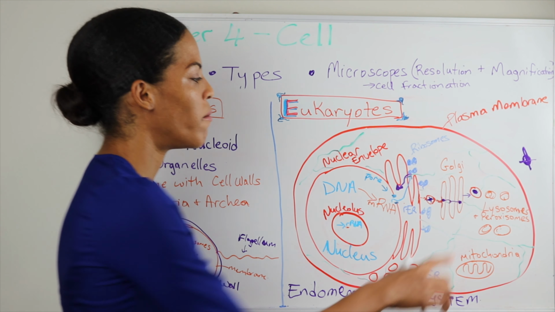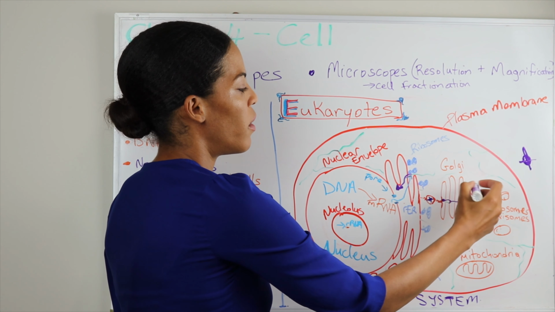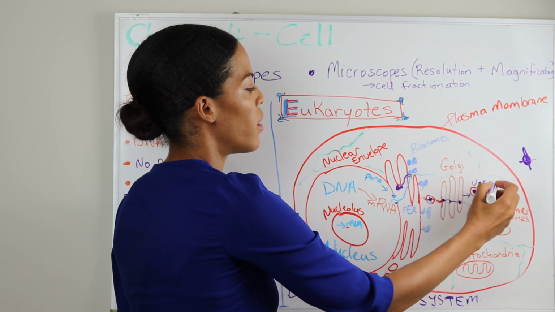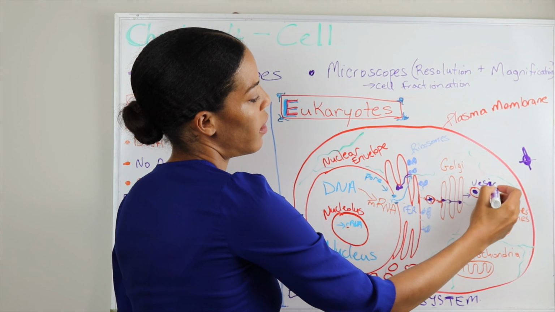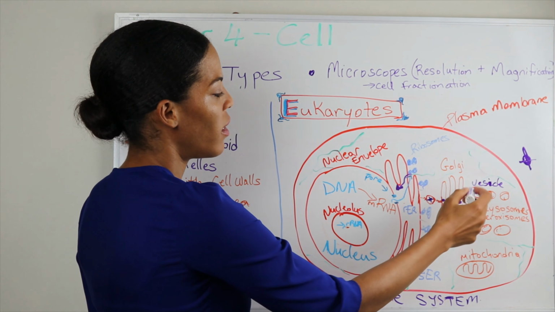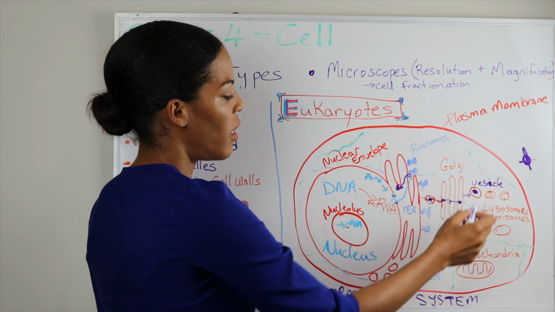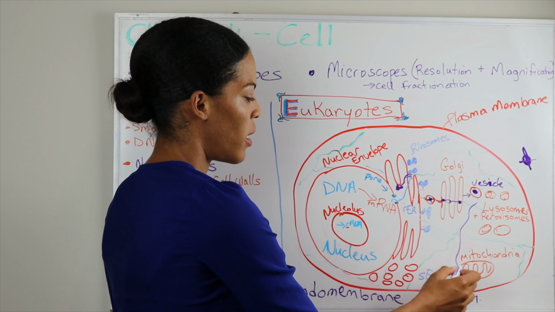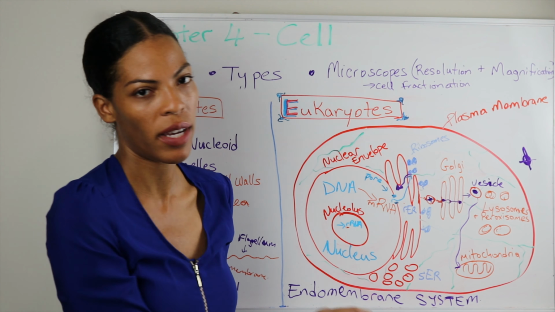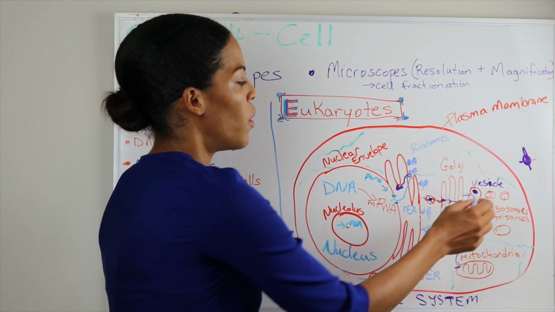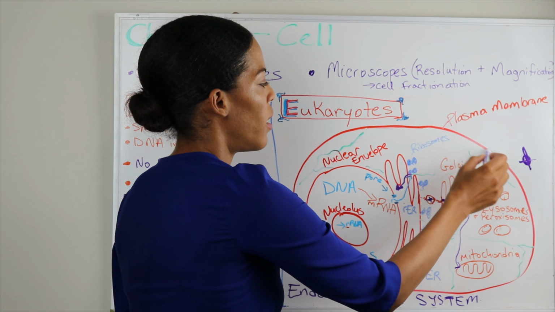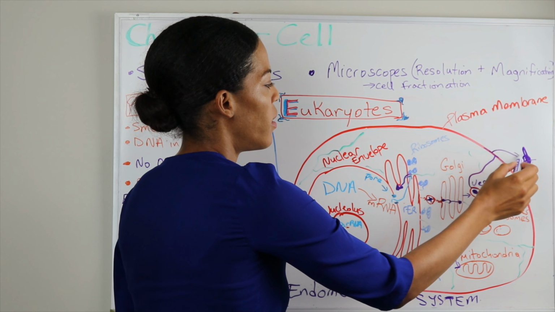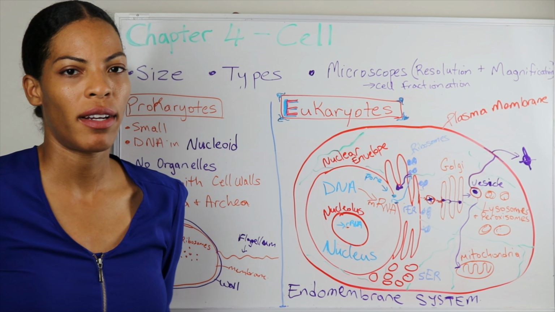This vesicle can go and fuse. Let's say if it was something to go to the mitochondria, it could possibly go to the mitochondria and fuse with it and deliver the protein, or it can possibly go to the cell membrane and fuse and deliver the protein outside of the cell.